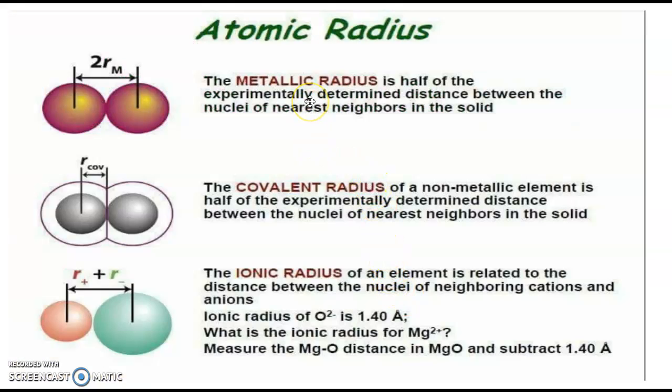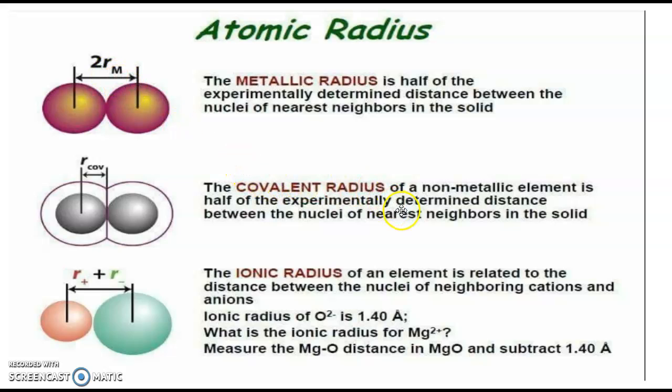These are some of the definitions of metallic radius. It is half of the experimentally determined distance between the nuclei of nearest neighbors in the solid. When we consider metal atoms, we calculate the distance between the nuclei of two adjacent metal atoms, that is 2Rm, where Rm is the metallic radius.